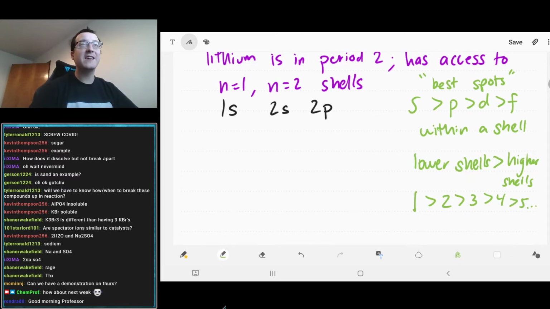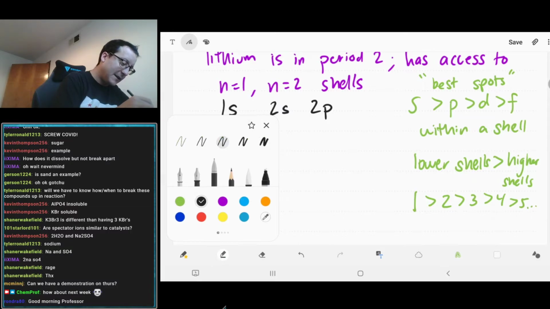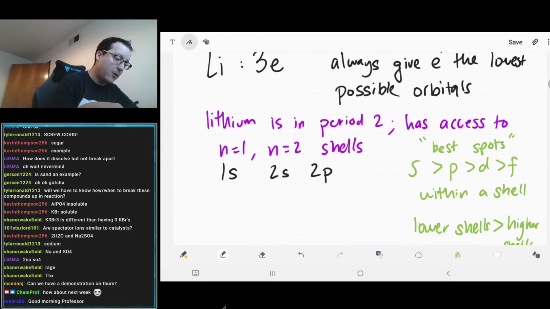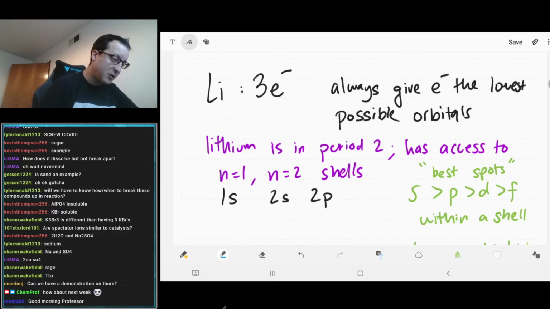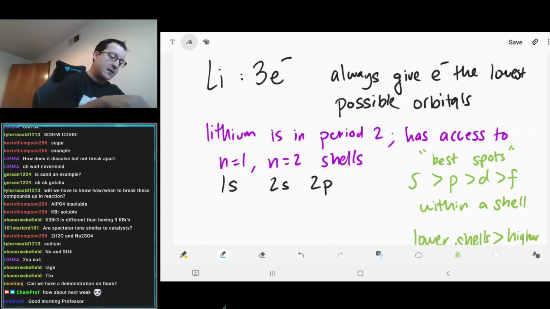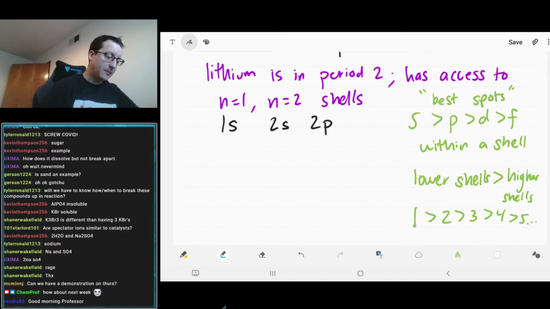And so, because we always want to give our electrons the best possible place, we want to make them happy. That's what ground state is all about. Okay, now let's look at this again. So we have 3 possible electrons, and we want to put them into the best possible spots. So we have options here.